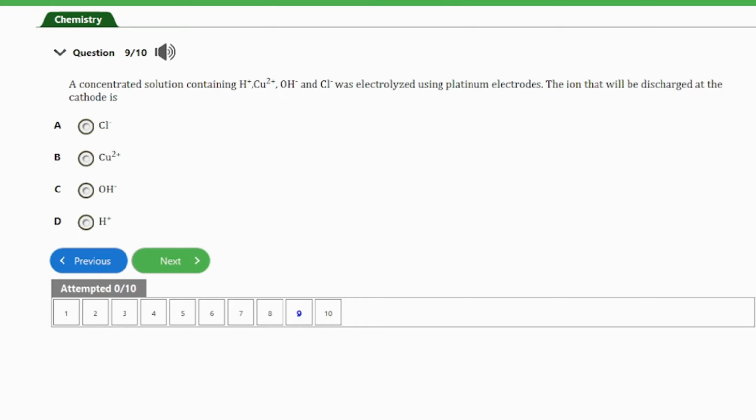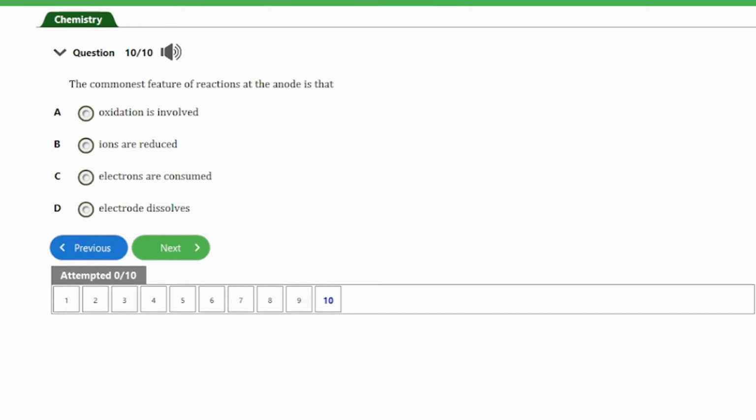So guys, already we know the answer to this question, and that would be the positive ion here, since it was discharged at the cathode. So it will be the positive ion here, guys, and that's the copper ion. So that's it for that. Let's consider the next and the last question, and that's question number 10 here.